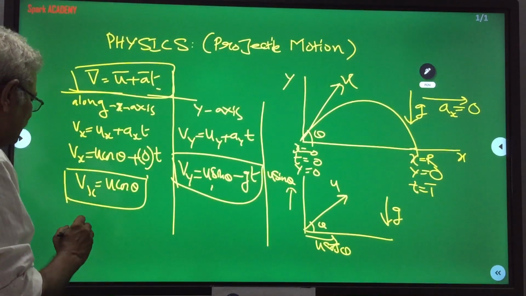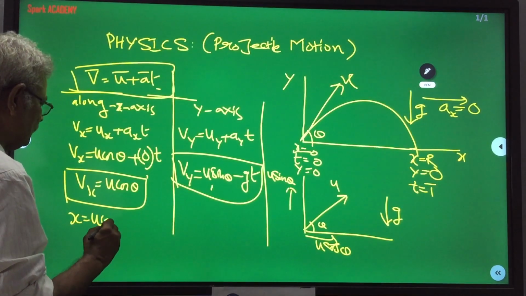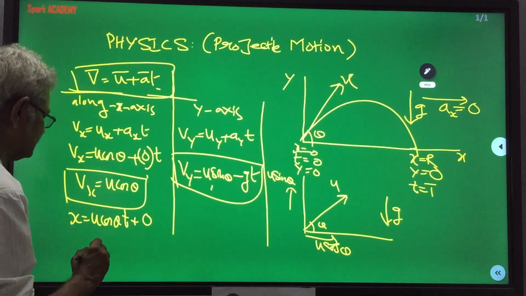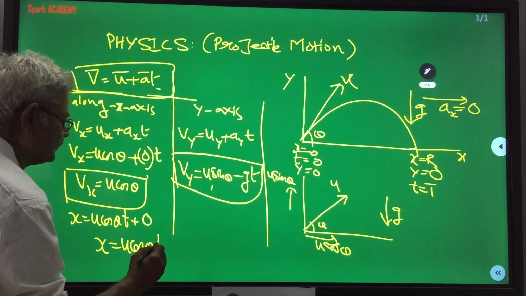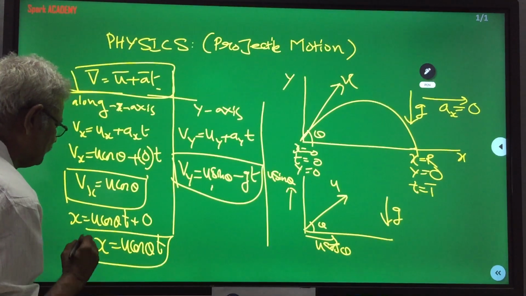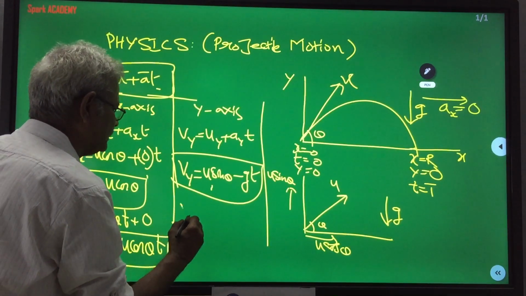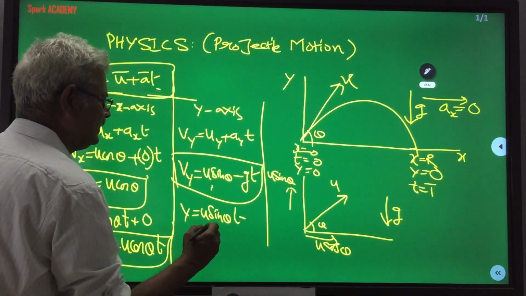Clear? Similarly, if you take along the x-axis, x is u cos theta into t, plus there is no acceleration along the x-axis. Therefore, x is equal to u cos theta into t. Similarly, if you take y, y is equal to u sin theta into t, minus half g t squared.